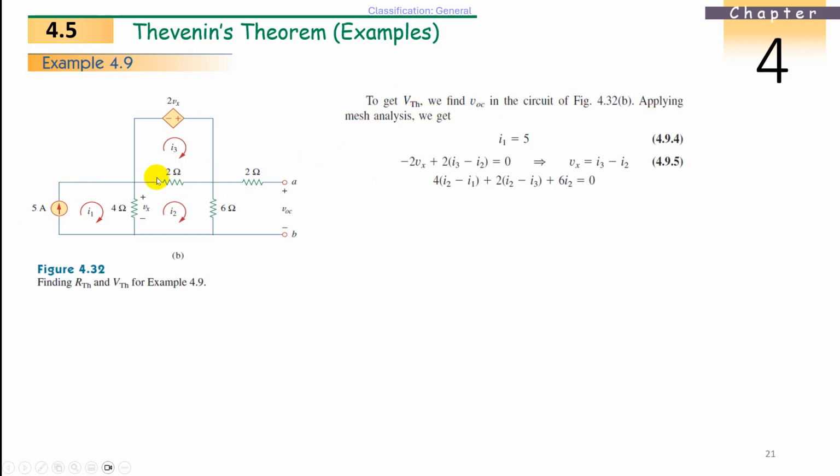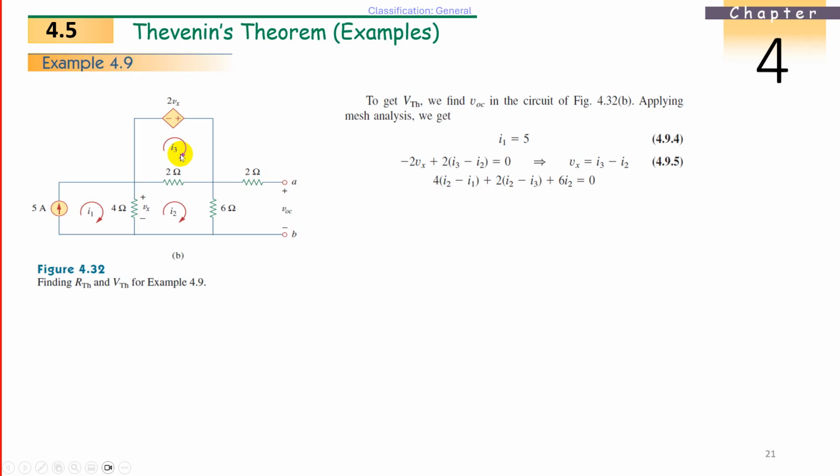Applying mesh analysis, what is the first mesh equation? Because of the supermesh, the current I1 is in the same direction, so I1 is equal to 5 amperes. In the second loop, we have 4 I1 minus I2 minus I1, minus 2 Vx.